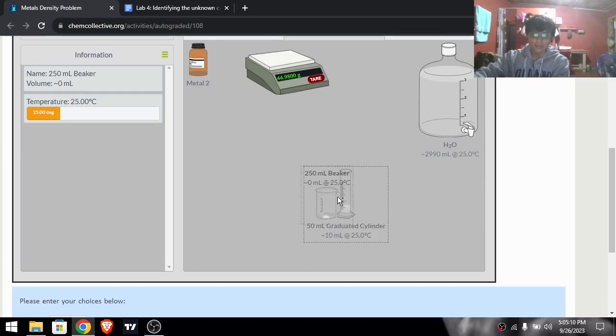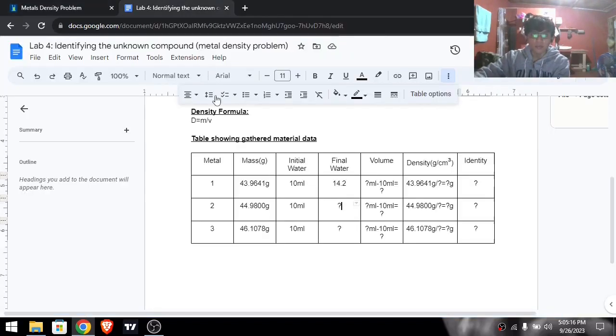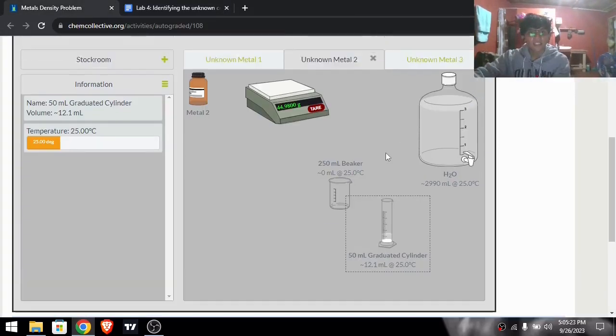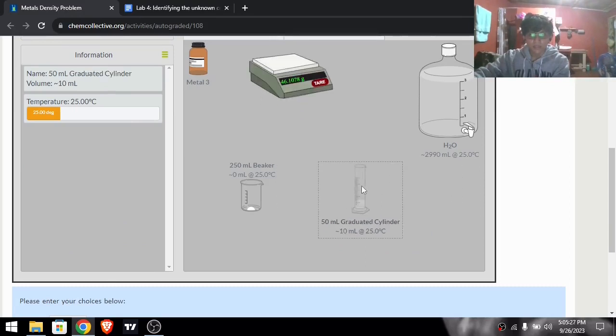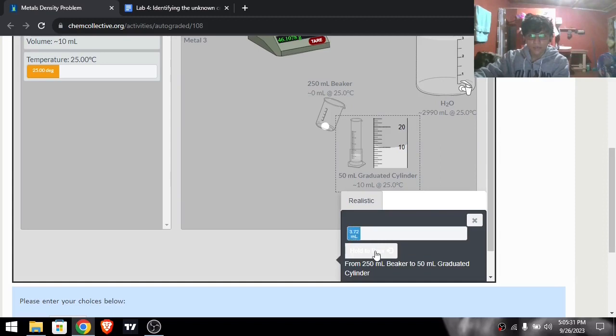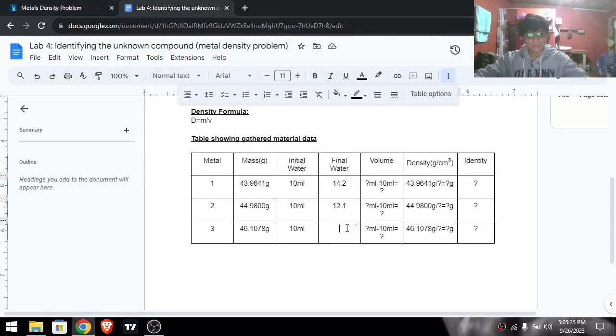Simply pour it in. And now our solution is 12.1. As before, we just have to do the procedure again. Quite repetitive, however, we'll make it do. Now this one is 13.8.